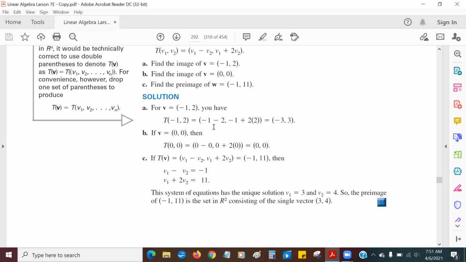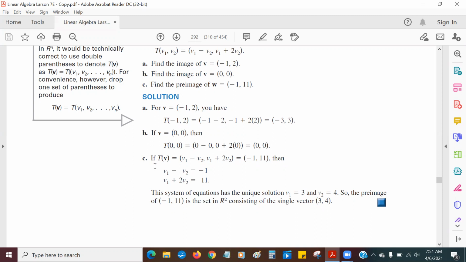Put this all together, and that becomes -3 comma 3, because it's -1 minus 2, and that's -1 plus 4. Now the vector 0 comma 0 is just 0 minus 0, and then 0 plus 2 times 0, just a lot of nothing, and that winds up being 0 comma 0.